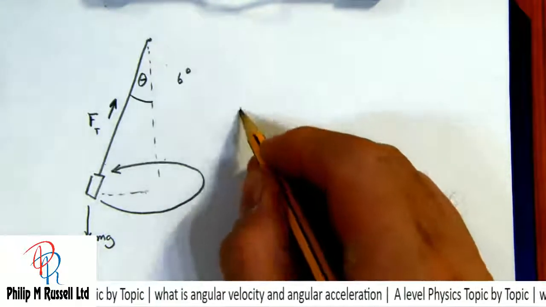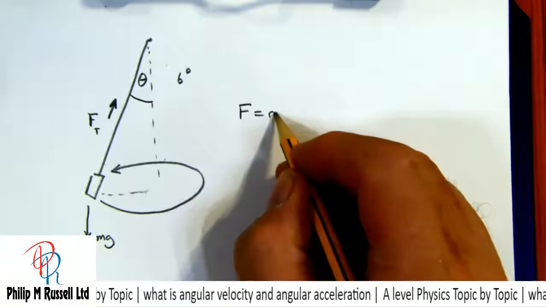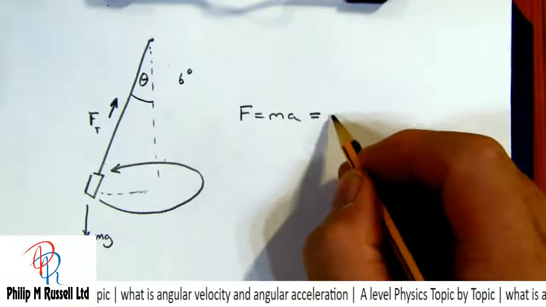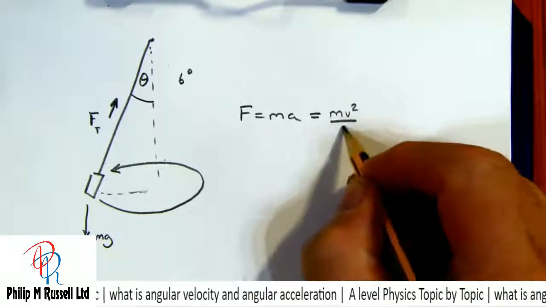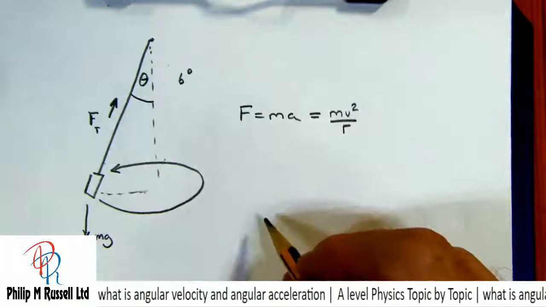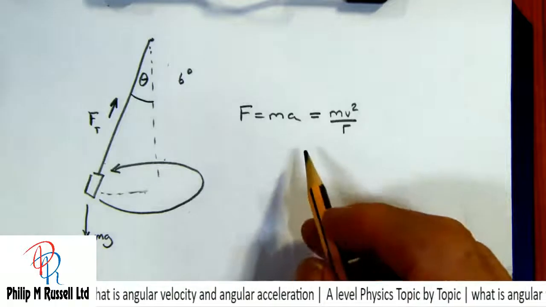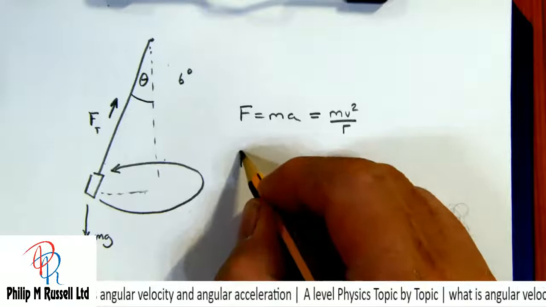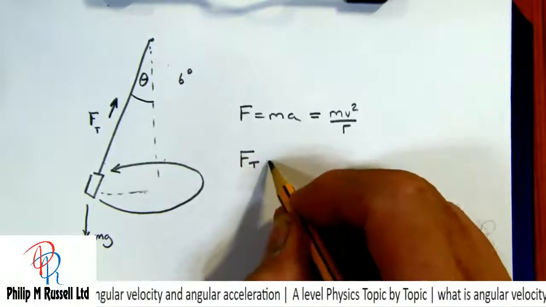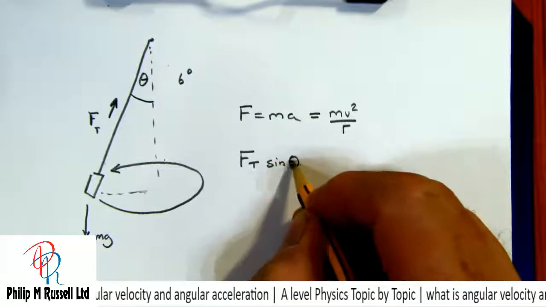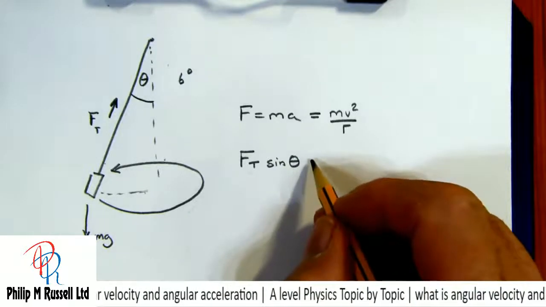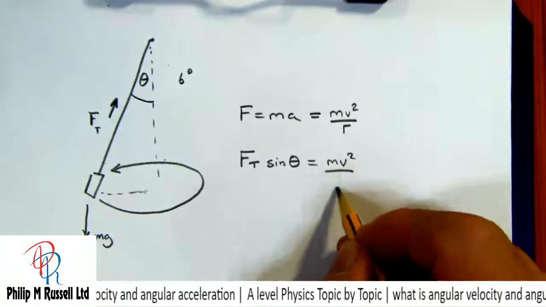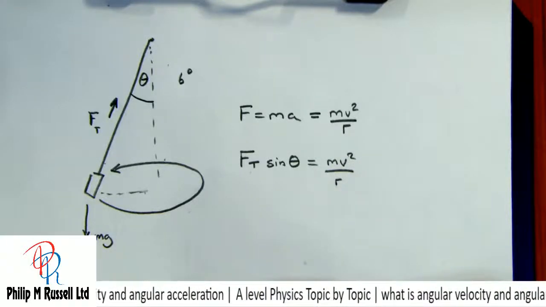So we know that F equals mass times acceleration, and we know that also equals mv squared over r. We've also got our angle, so we can see that my tension here, the sine of my angle, is going to equal mv squared over r.